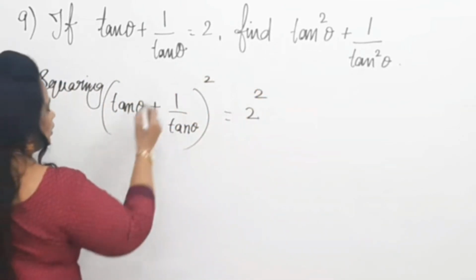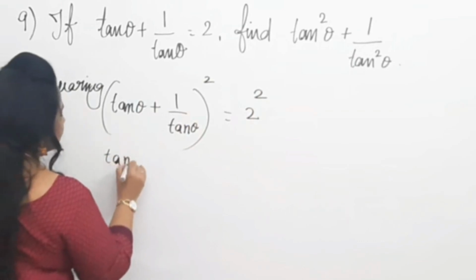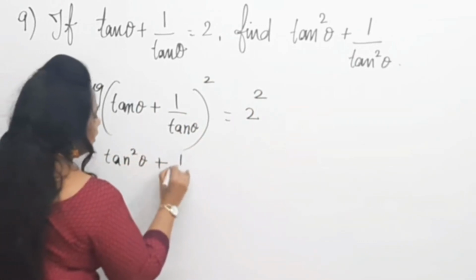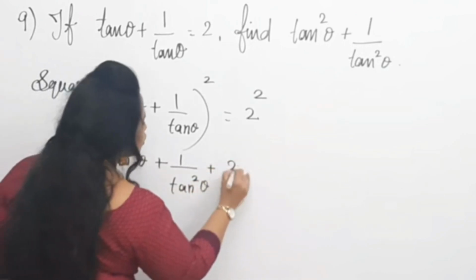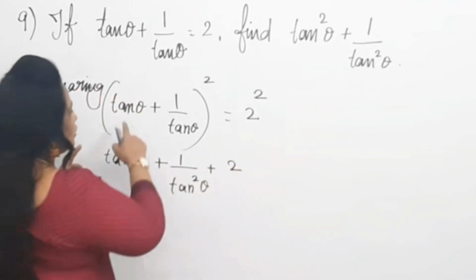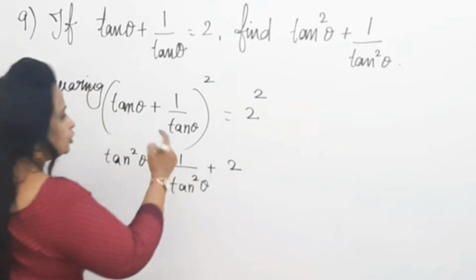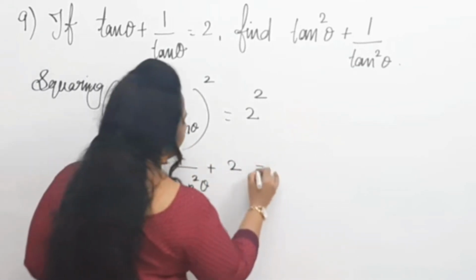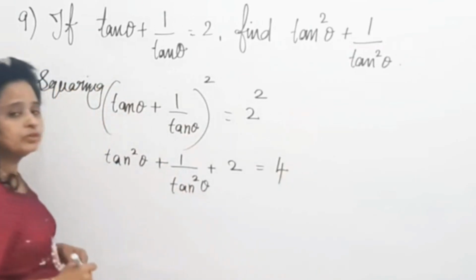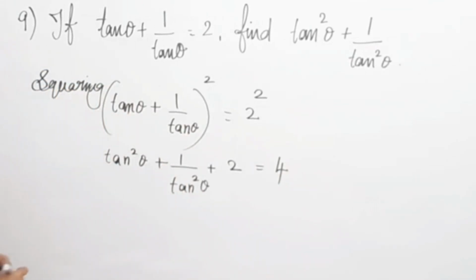So a plus b the whole square, tan square theta plus 1 by tan square theta plus 2. Why? Because 2 into a b is tan theta into 1 by tan theta. Tan theta gets cancelled. You will be left with 2. So that is equal to 4.